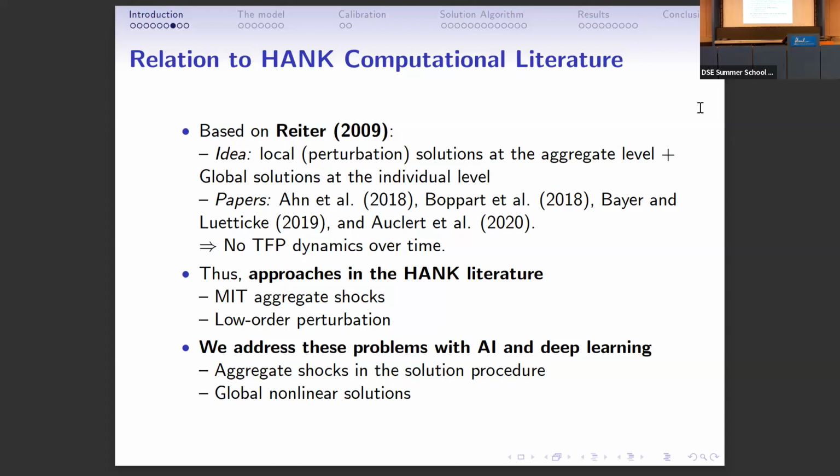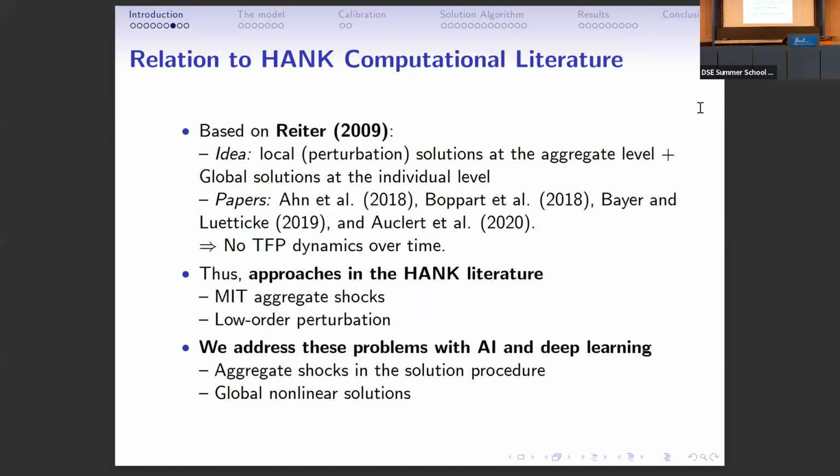And so the basic issue with these algorithms is that you cannot really consider TFP dynamics over time, right? Because of local perturbations at the aggregate level. As a result, you need to focus on MIT aggregate shocks and low order perturbations for aggregate solutions.